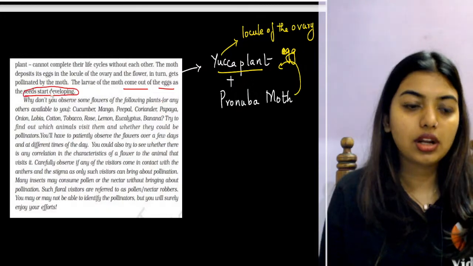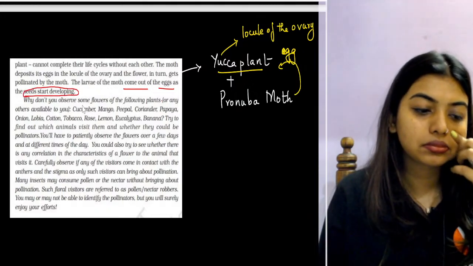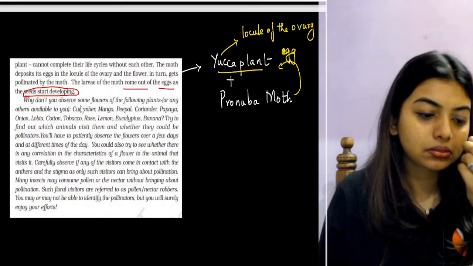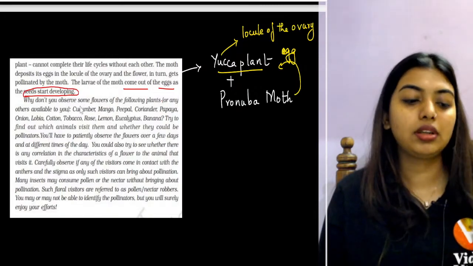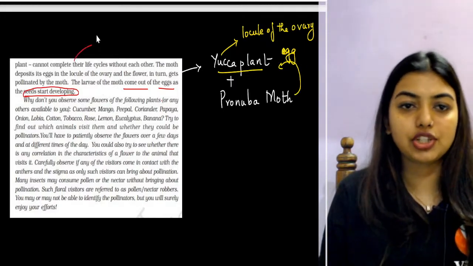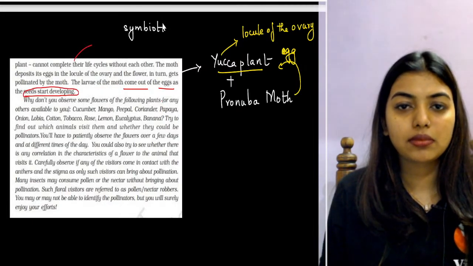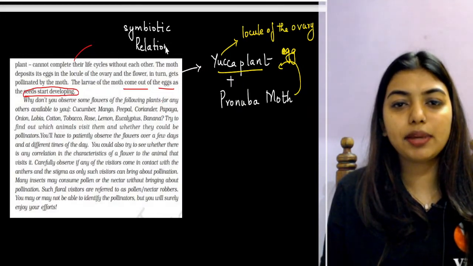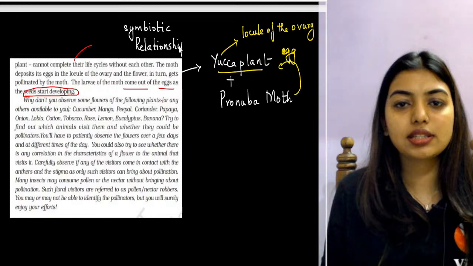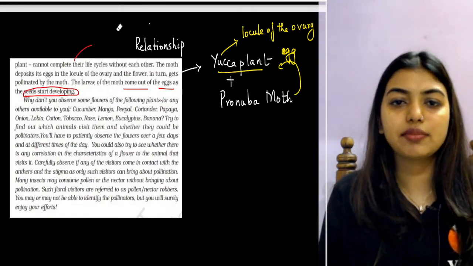Understood? Yes or no? Yes, symbiotic relationship. Even if it's not symbiotic, students, where one is getting benefited but the other is not getting harmed, like a commensalism, we can say.